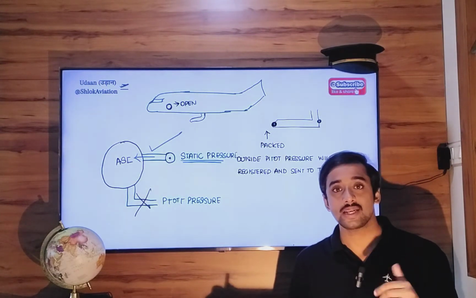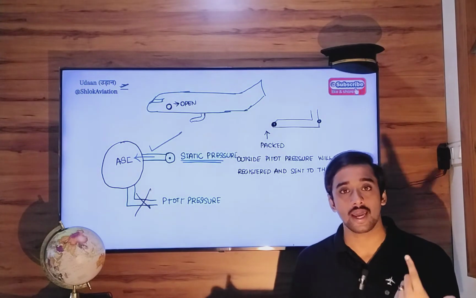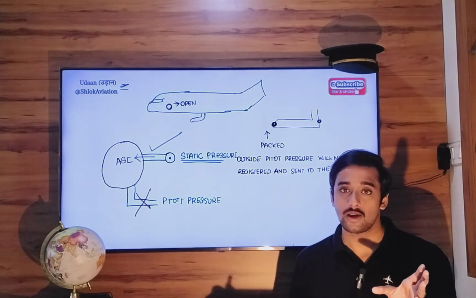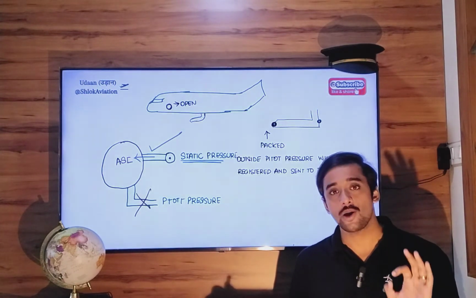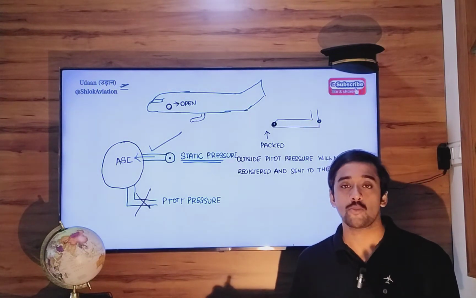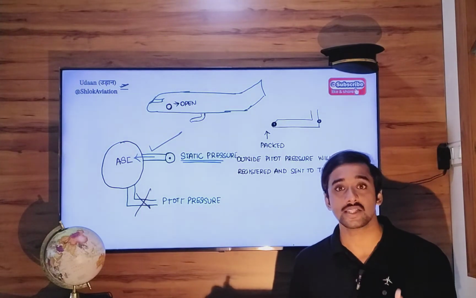The altimeter will show an increase in altitude, 5,000, 6,000, 7,000, 8,000, 9,000, 10,000. The pointer of the altimeter will show an increasing trend. Similarly, the pointer of the airspeed indicator will also show an increasing trend, increasing values.